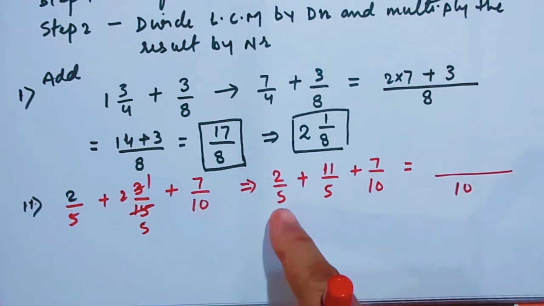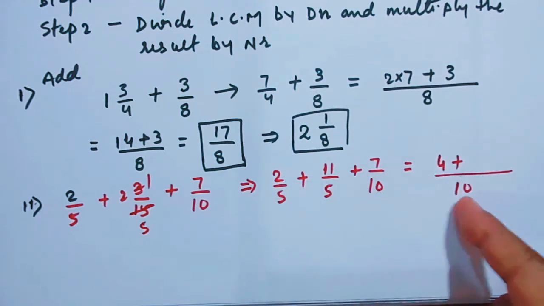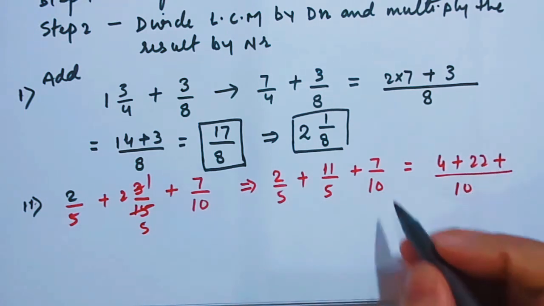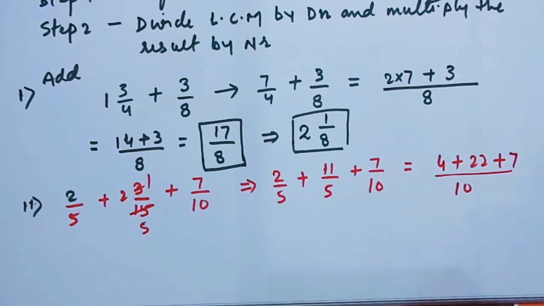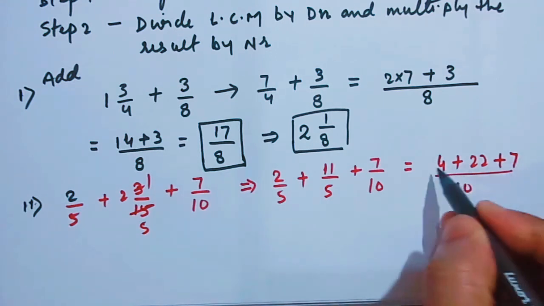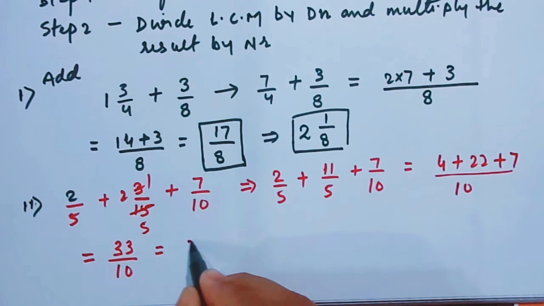So 10 divided by 5, 2. 2 2s are 4 plus 10 divided by 5, 2. 2 11s are 22 plus, now 10 and 10 are the same, so just write 7 over here as it is. So what are you going to get? 11 and 22 is 33 by 10. So 33 by 10 will be equal to 3 3/10 when you convert it into mixed number form.